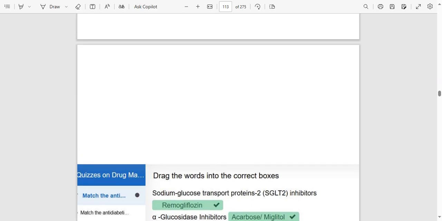How do alpha glucosidase inhibitors work? Thank you so much.